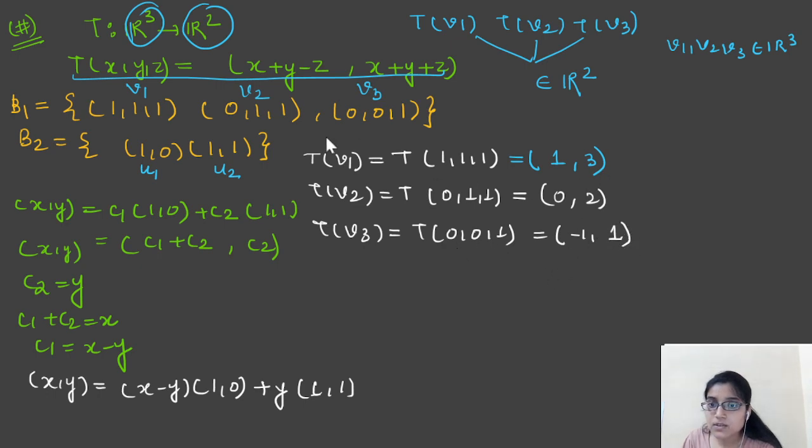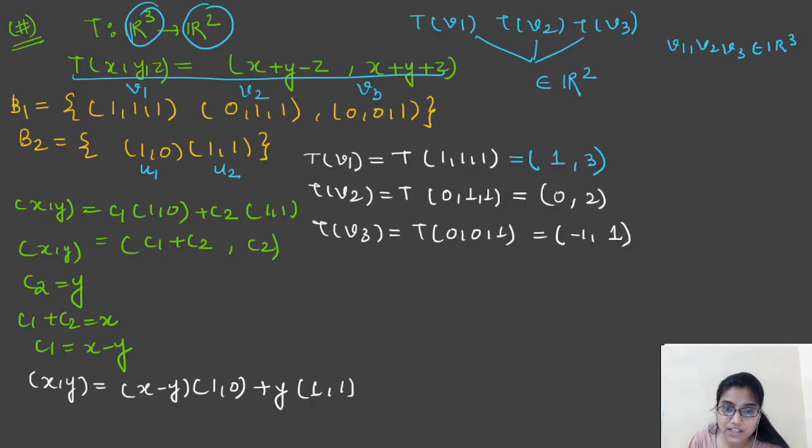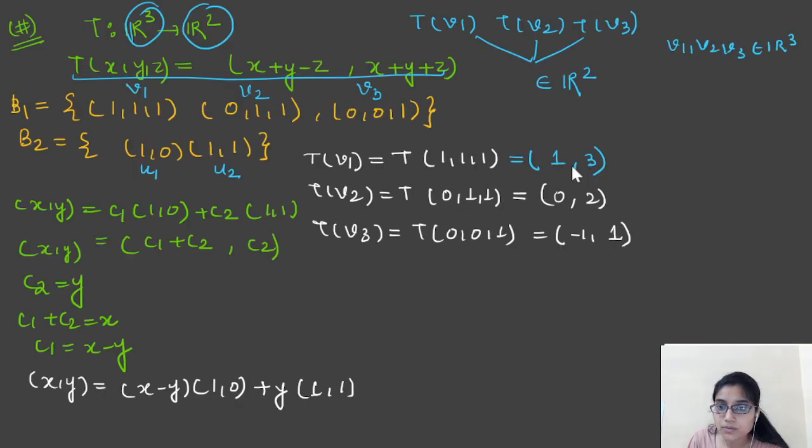Fine. So now in the next slide I am going to write them down as a linear combination of the B2 members. So just let me write down all the important things over here. (x minus y) times (1, 0), and then plus y times (1, 1), and then you got T(V1) as (1, 3).